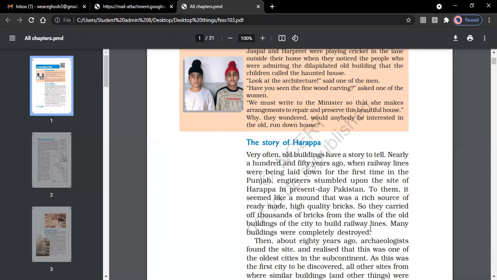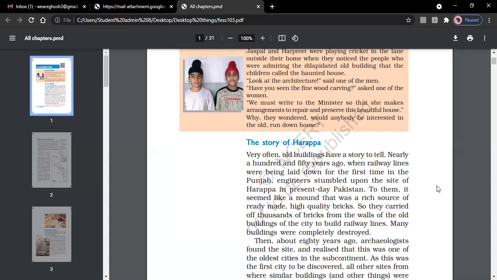Okay, and here you can get a very short answer type question as well as a very important question. That is this: which sites were described as Harappan by the archaeologists? See, Harappa in present-day Pakistan. So here is the answer. Which sites, 150 years ago, for the first time. Here you can get the answer of this also.